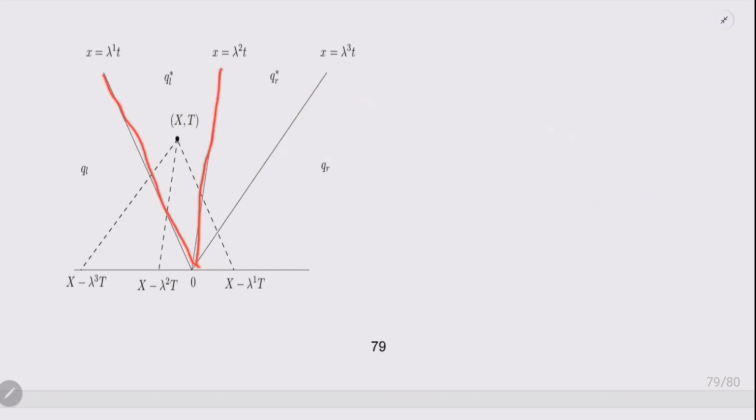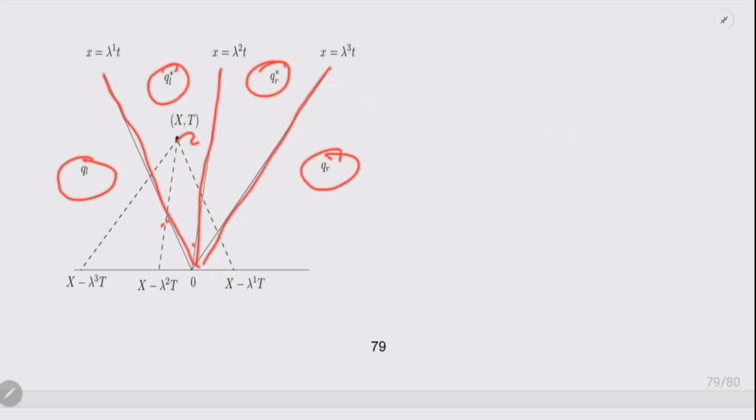These are the three characteristics, this is the left state, this is the right state, and in between there are two intermediate states. This point is bounded by three characteristics. So this is figure 3.3.